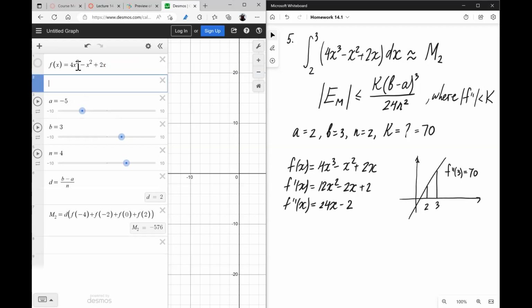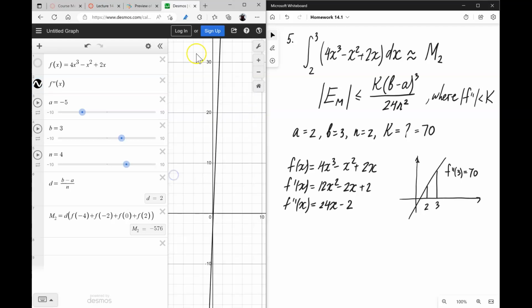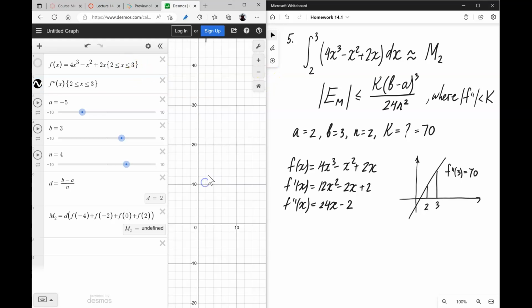And you can totally use Desmos to find the second derivative of this function. Again, we probably want to do a restriction on the domain.